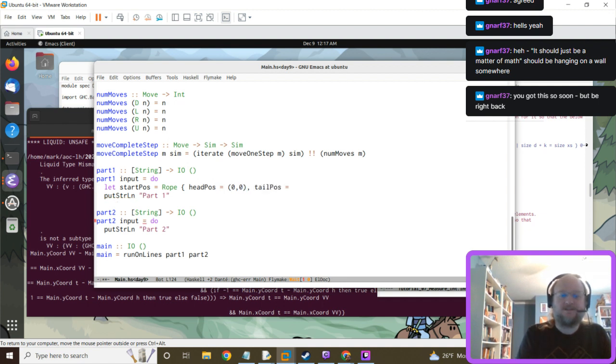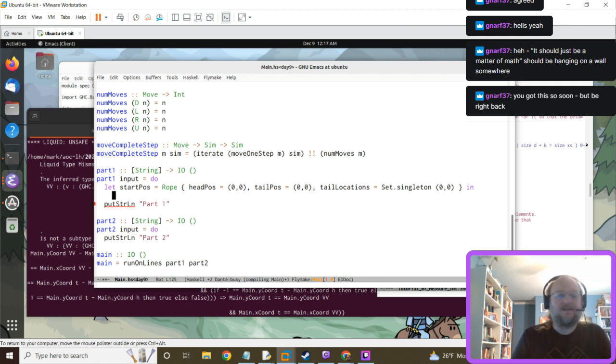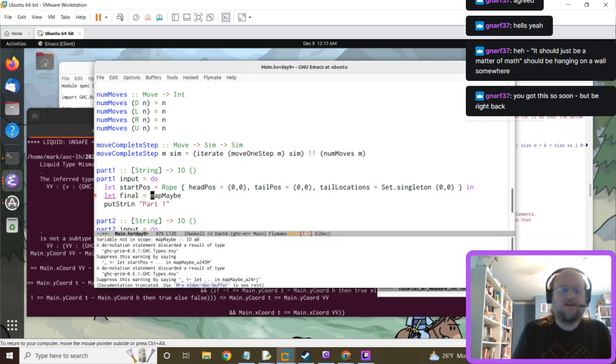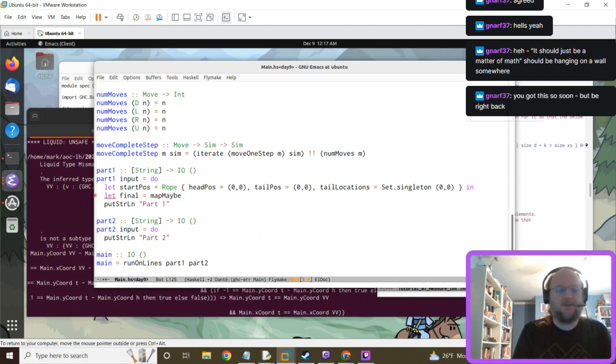Tail position is 0, 0, and tail locations equals set.singleton of 0, 0. And then we need to map, map maybe of complete step.